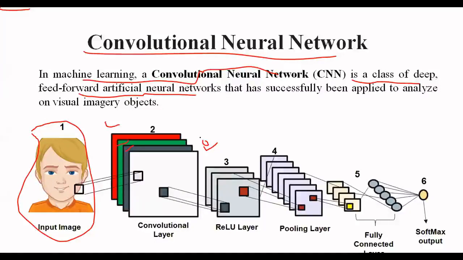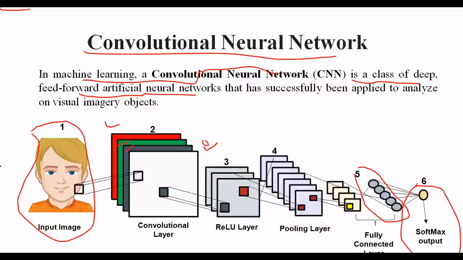The pooling layer will take the maximum output. It will pull out the maximum information from the data, and then it is given to the fully connected layer, which is similar to the neural network discussed in a previous slide. And then we will get an output from the softmax function that this is a correct answer, or this is a dog, or this is a cat, or this is a male, or this is a female, or this is an age of 15 years, or this is an age of 45 years.